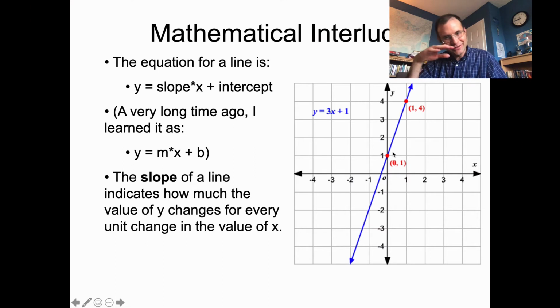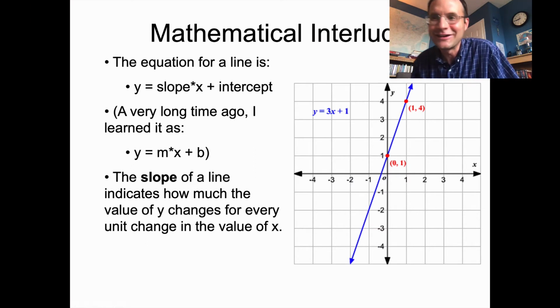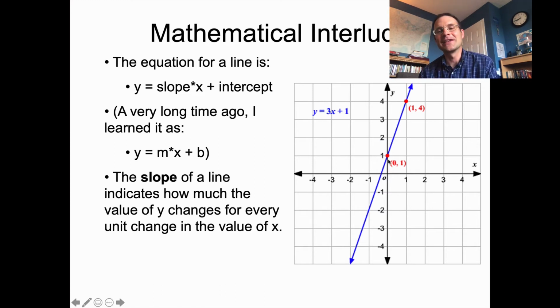The run, if you're a little kid learning algebra, is how much you're running on this flat surface. If I have a 1 unit change from 0 for x to 1 for x, I'm making a 1 unit change in x.